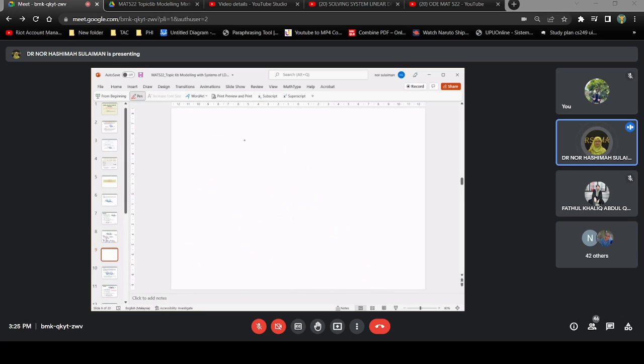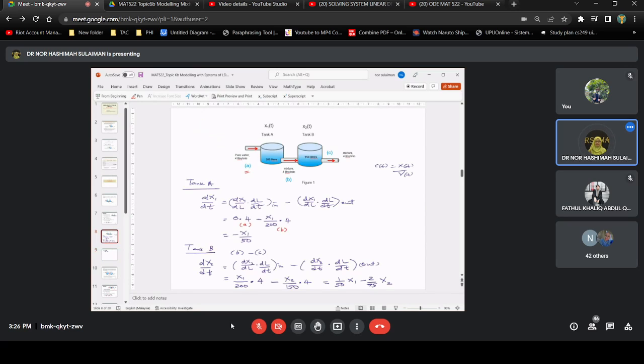So kita akan dapat system of differential equation for the above model tu. Yang pertama, you have dx1/dt equals to negative x1 over 50, betul tak?